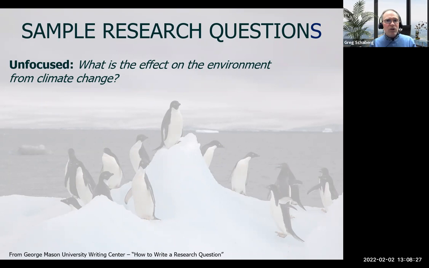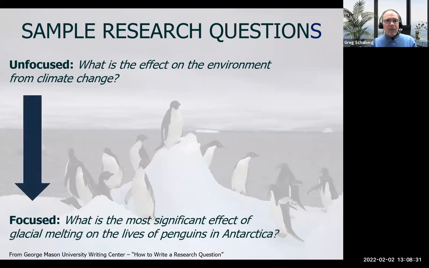And so you narrow your question even more to: what is the most significant effect of glacial melting on the lives of penguins in Antarctica? That way, you now have a more narrowed focus. And when you're doing more advanced research, you are finding studies that just relate to penguins in Antarctica.